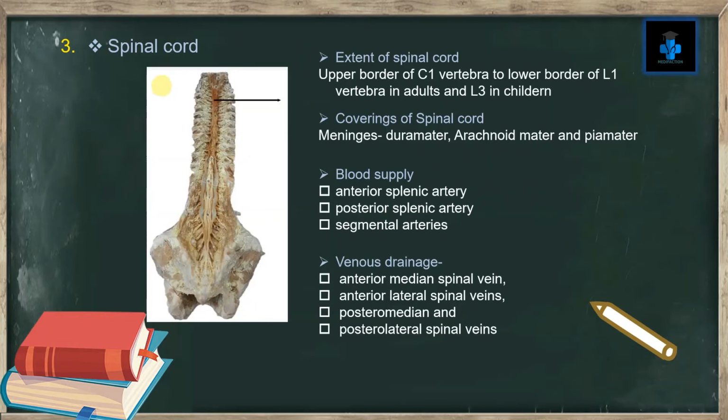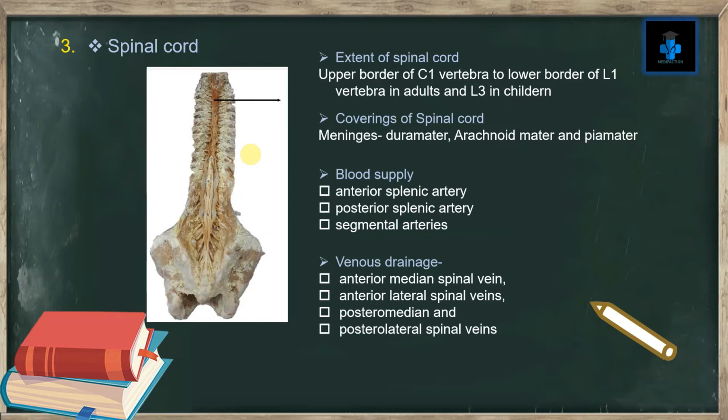Spotter number 3, the spinal cord. Extent of spinal cord. Upper border of C1 vertebra to lower border of L1 vertebra in adults, and to the lower border of L3 in children, is the extent of spinal cord. Coverings of spinal cord: meninges, dura mater, arachnoid mater, and pia mater.